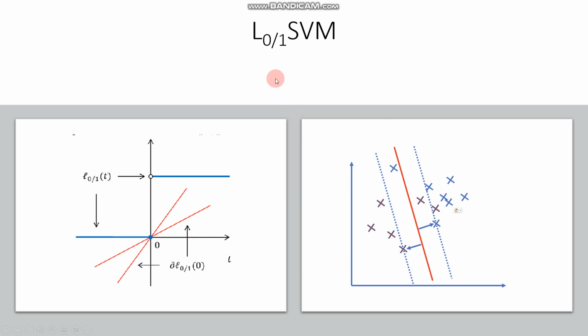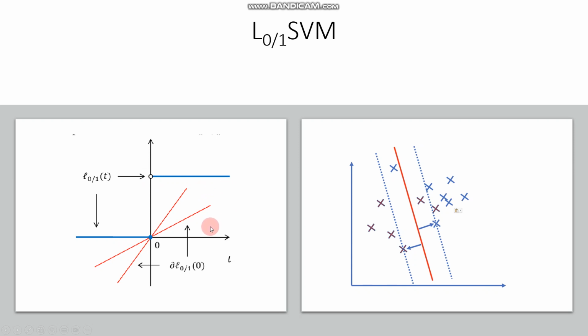So if you focus on the new, or brand new, SVM, which is the one mentioned in the paper and my project implementation, the L01 SVM, its loss function is given here. It's a natural loss function for a binary classification problem, as you can see here. If a sample is misclassified, directly assign a loss or penalty of 1.